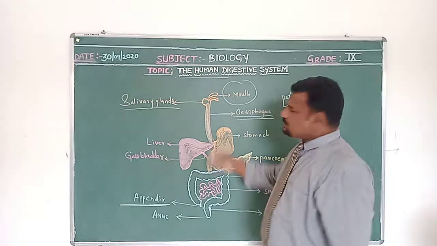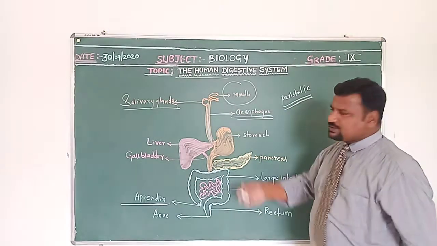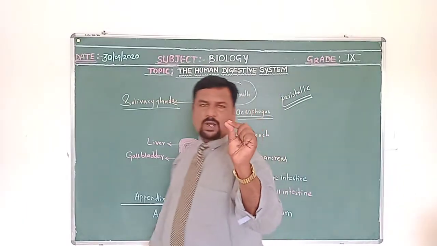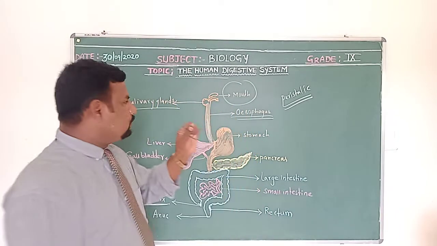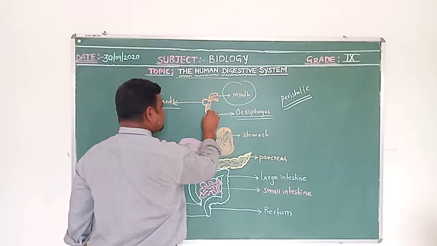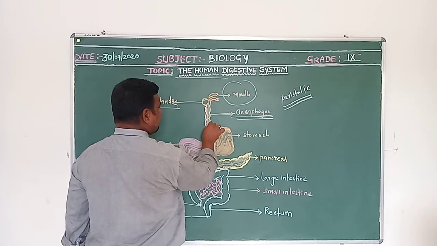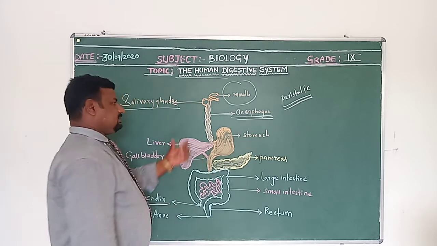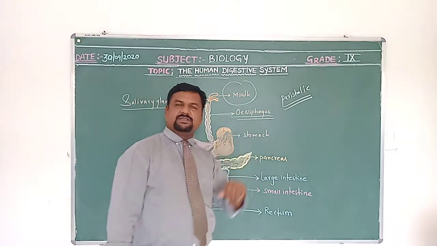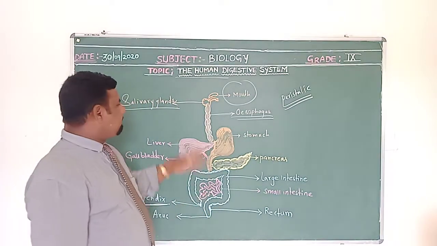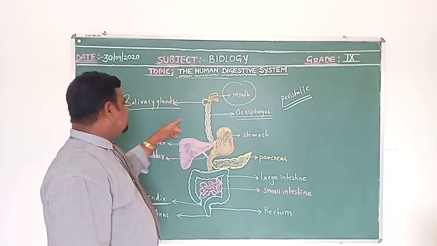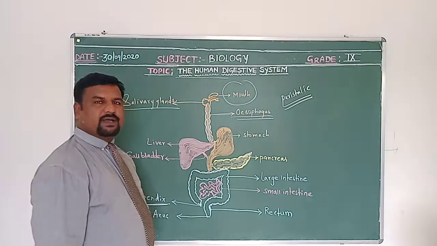Peristaltic movement is produced by the esophagus. The wall of the esophagus becomes broad, narrow, broad, narrow, bulging out, like this. In this way the peristaltic movement is produced by the wall of the esophagus.